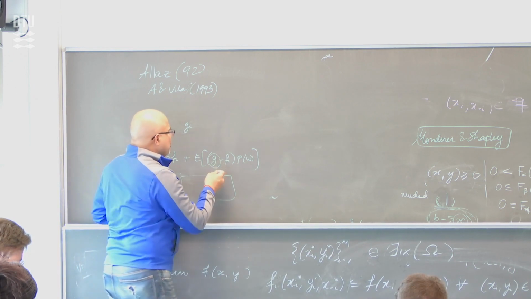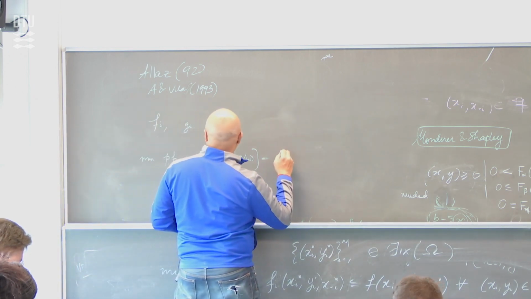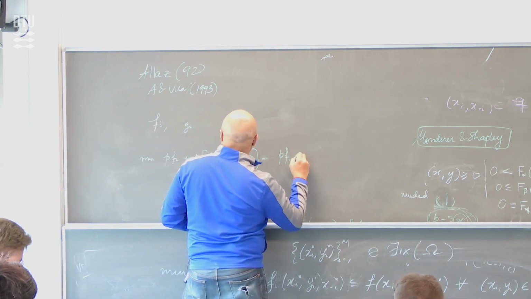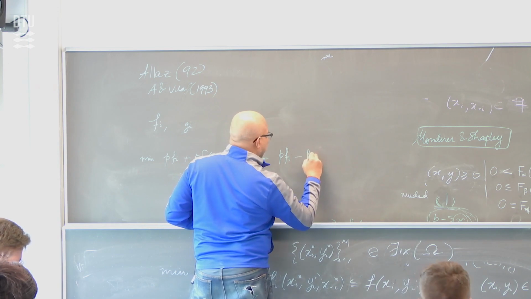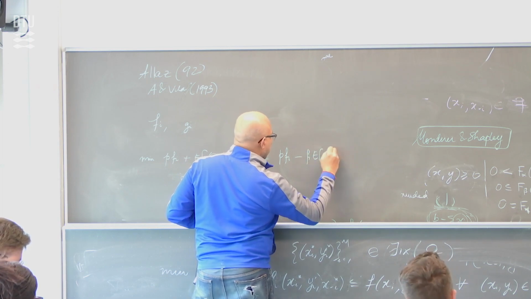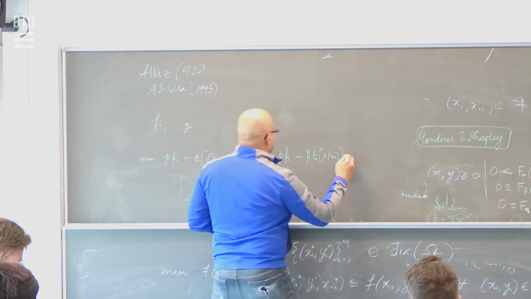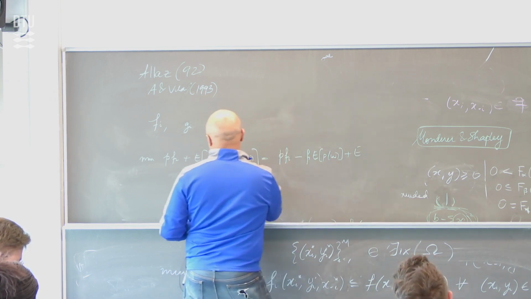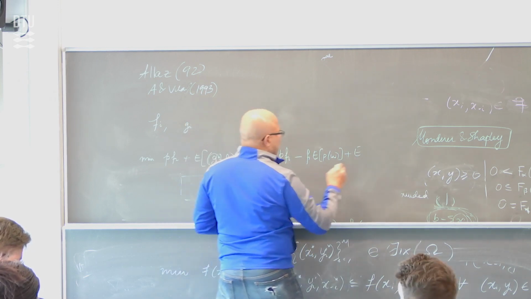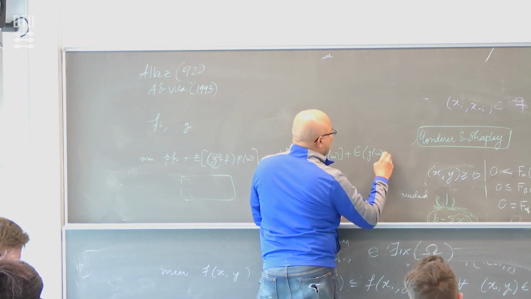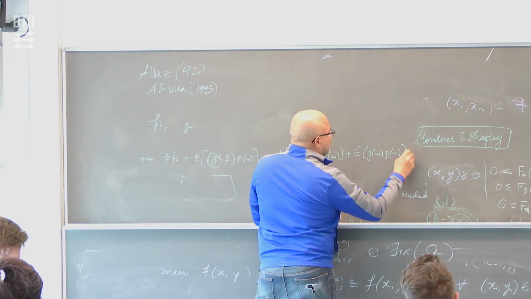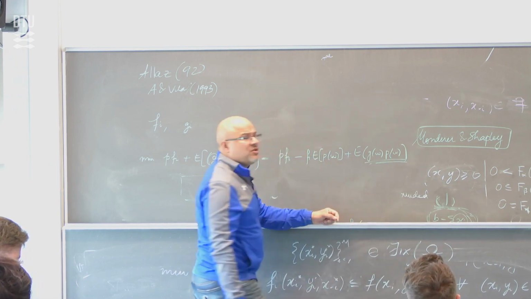What is interesting to note is you get P^F times F_i minus F_i times the expectation of P(omega), plus the expectation of G(omega) times P(omega). This is the expected revenue from the spot market.